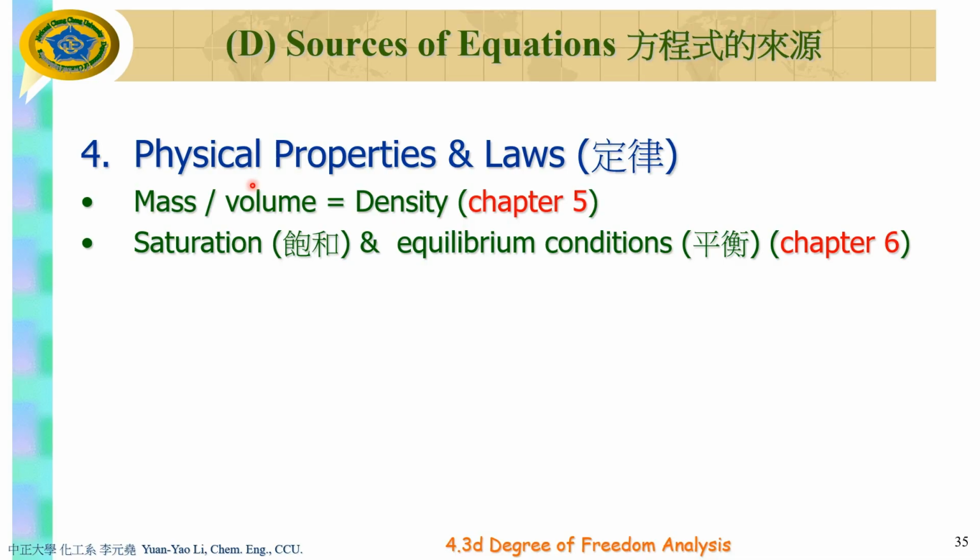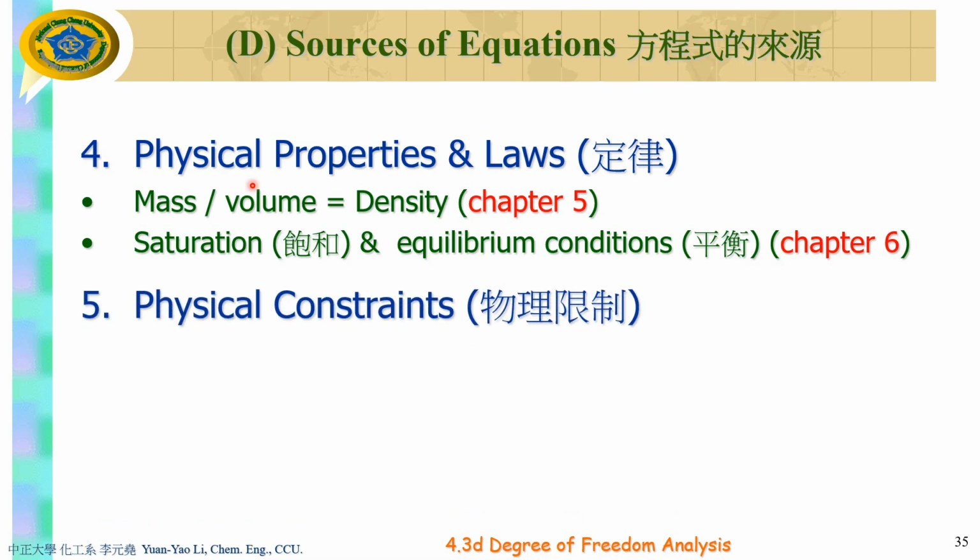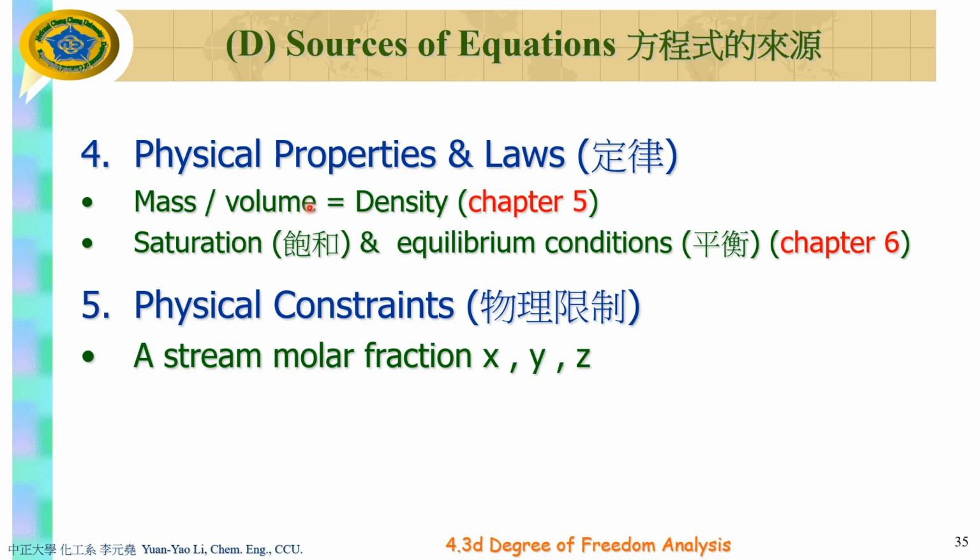So this is another piece of information, the physical laws, like vapor pressure, like density, like molecular weight. And number 5 is physical constraints. Physical constraints is that, for example, the stream mole fractions are x, y, z. So there are 3 unknowns, but actually this is a physical constraint because x plus y plus z equals 1. So you can reduce unknowns from 3 to 2. And this is what we call physical constraints. Okay?